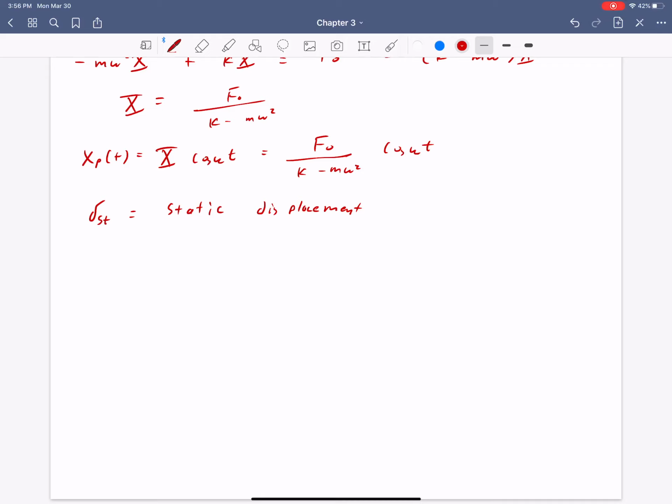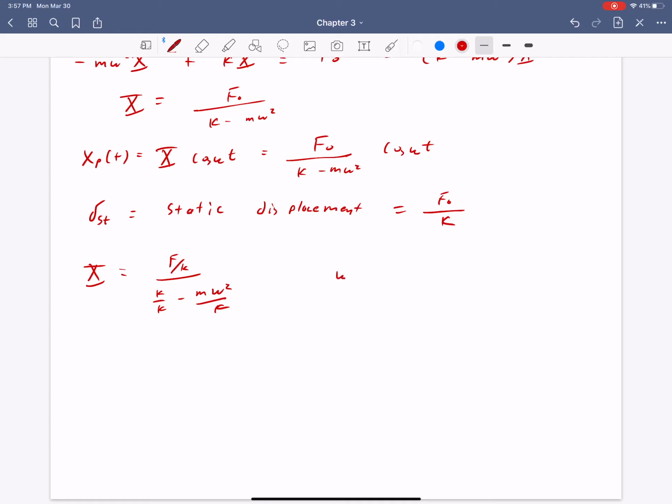If cosine omega t was just always equal to 1, then this static displacement would be equal to F0 over k. That's how much it would displace. So they can say X is equal to F0 over k divided by k over k minus m omega squared over k. And I'm thinking, why would you do that?